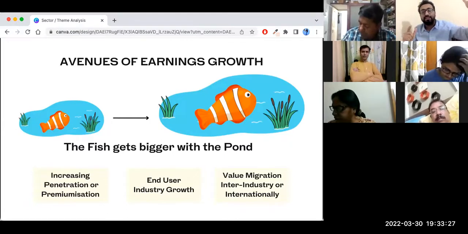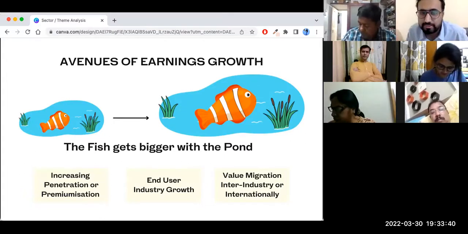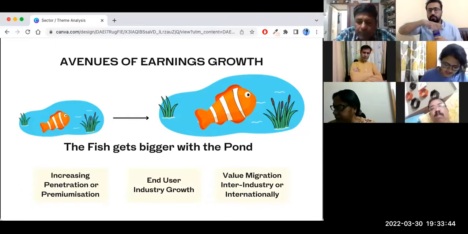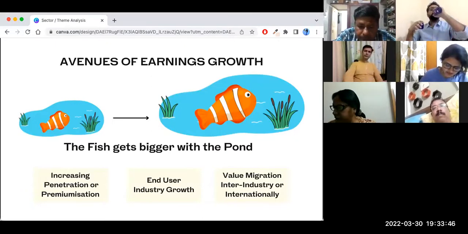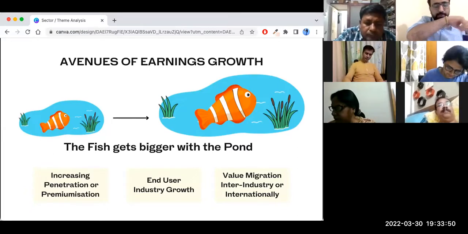The pharma industry is driving the growth of the amine industry, but in the pharma industry you might not find any interesting company, while in the amine industry you may find a very interesting company. Is it very clear? End user industry growth? Yes or no in the chat. Awesome, end user industry growth is clear.